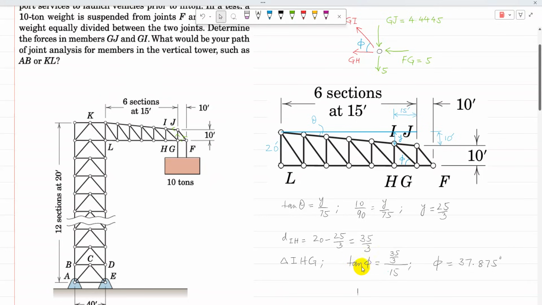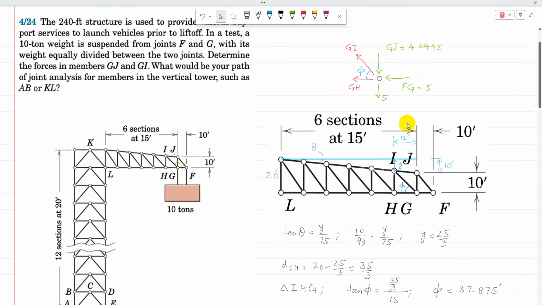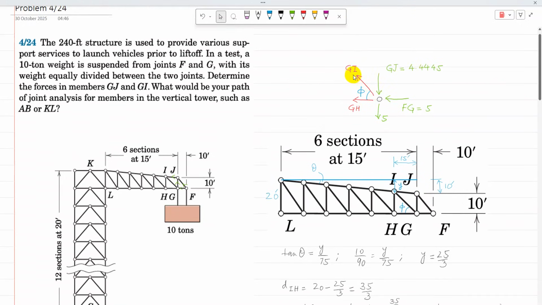So then I can find tan phi equal to opposite over adjacent. So the opposite side is 35 over 3 and adjacent is 15. So phi is 37.875. So now once the GI angle phi is calculated, I can solve this joint.